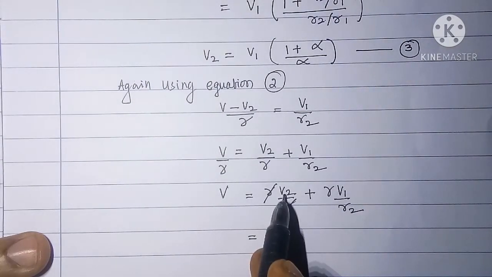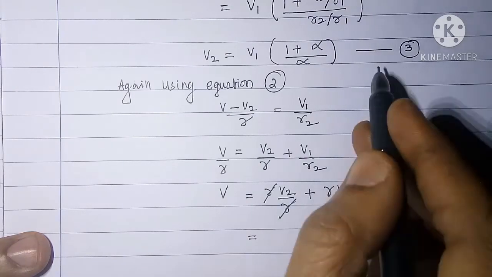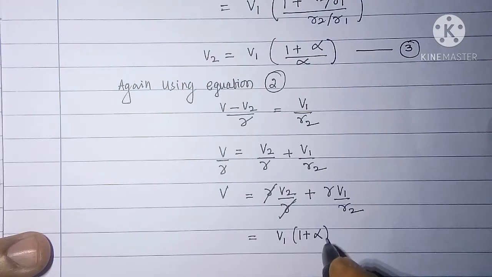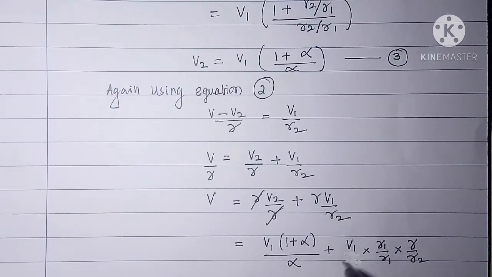Substituting for the value of V2 from equation 3 we get V1 into the bracket (1 plus alpha) by alpha plus V1 into R1 by R1 into R by R2. Here this R1 by R1 ratio I am using for a small manipulation.